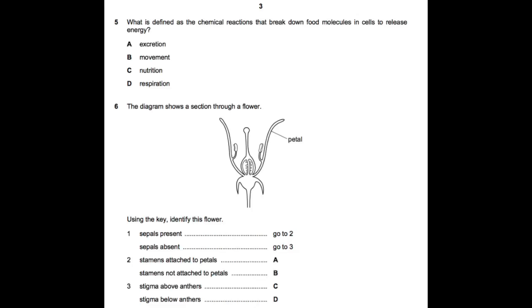Question 5. What is defined as the chemical reactions that break down food molecules in cells to release energy? A. Excretion, B. Movement, C. Nutrition, and D. Respiration. You must know that anything that relates to releasing energy is immediately respiration.